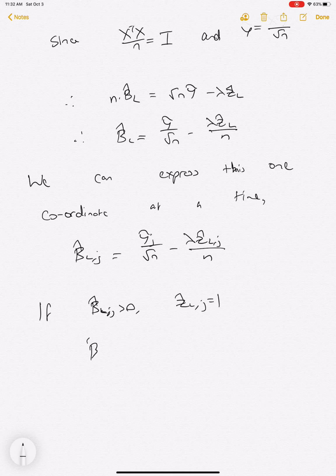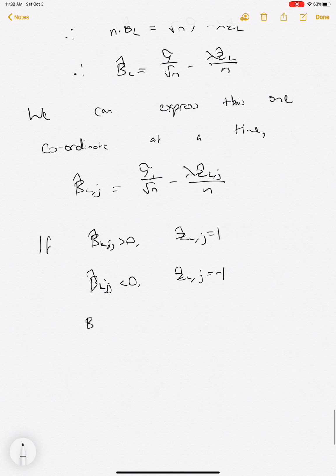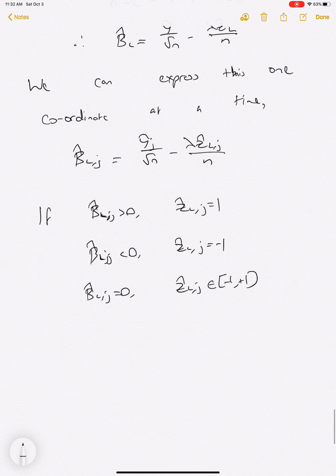If beta hat Lj is less than 0, then z hat Lj is equal to -1. And if beta hat Lj equals 0, then z hat Lj is in -1 to +1 using that definition.